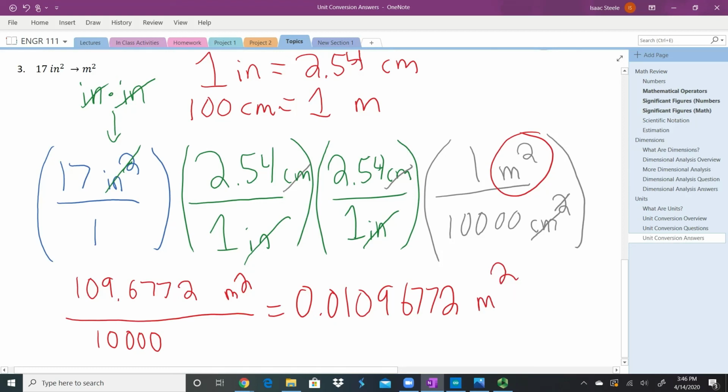Using significant figures, this one has 3. This one is a direct definition. There's 100 centimeters in 1 meter, which means I look at my original problem that has 2, and I write this as 0.011, and this 9 is going to round up. And there's my final answer.